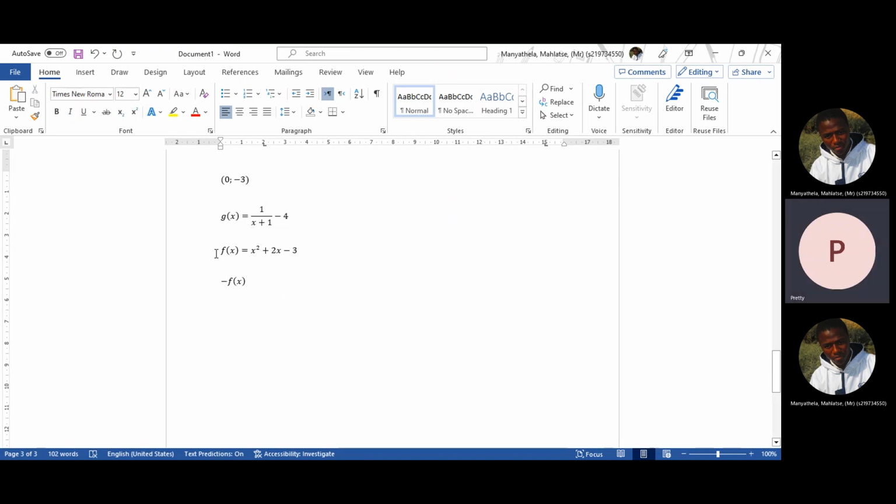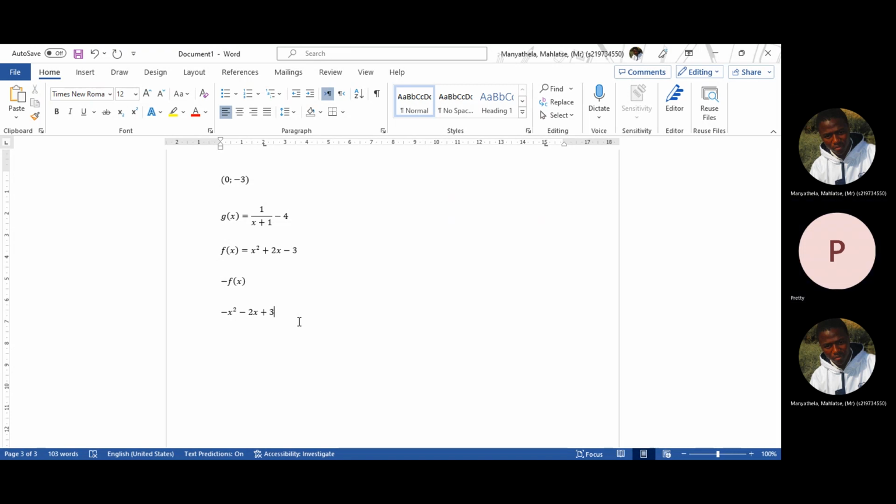So we multiply f of x by negative. We multiply this throughout by negative, and we get minus x squared minus 2x plus 3.